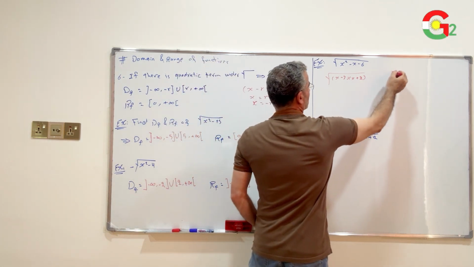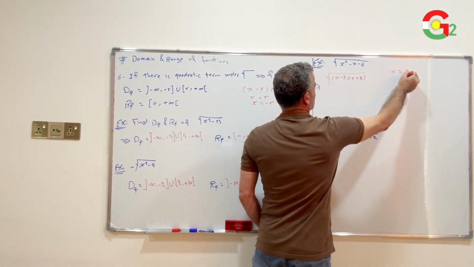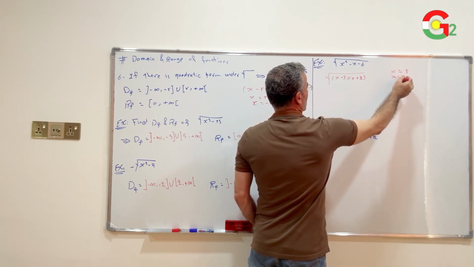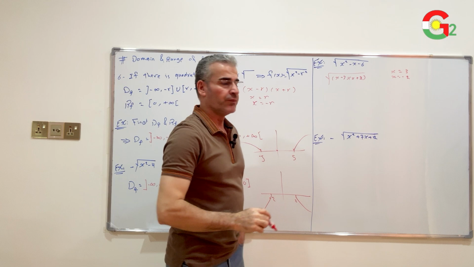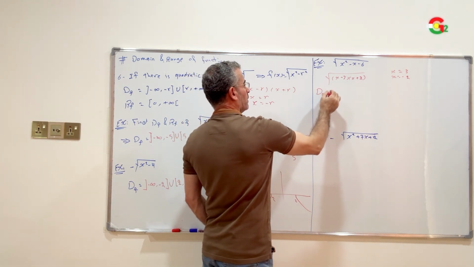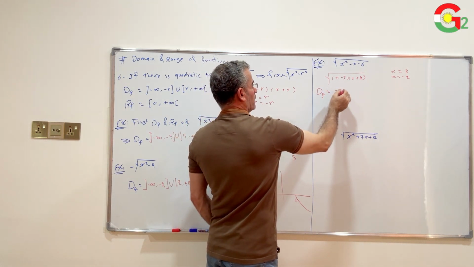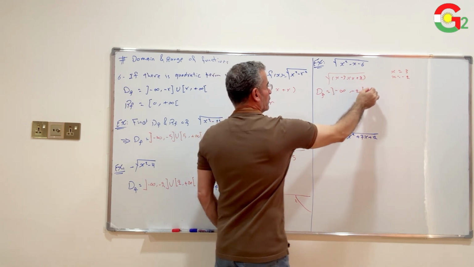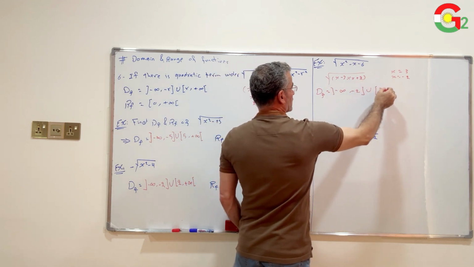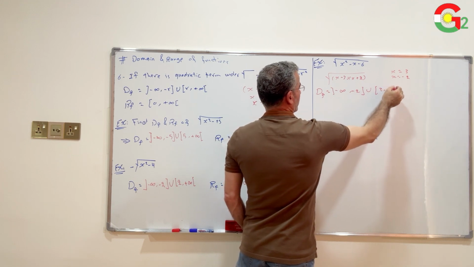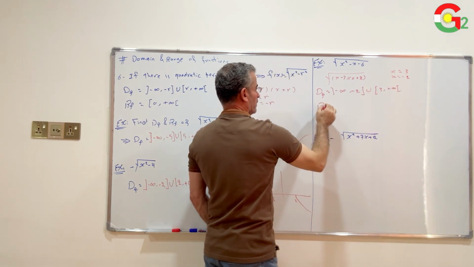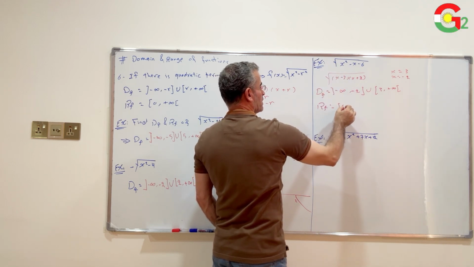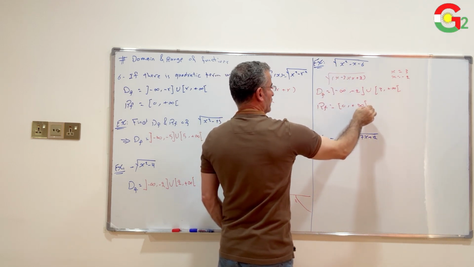Then x minus 3 equals 0 means x equals 3, or x plus 2 equals 0, x equals negative 2. Then the domain will be negative infinity to the minimum value of x, negative 2, union the maximum value of x, 3, to positive infinity. And the range, since the root is preceded by positive, will be 0 to positive infinity.